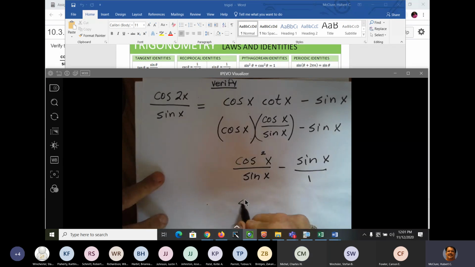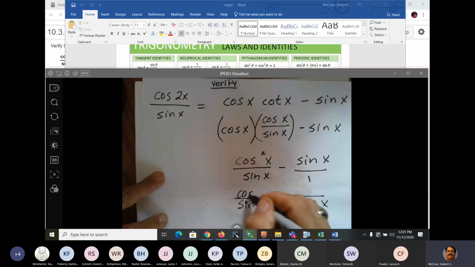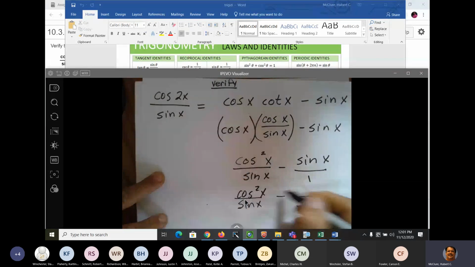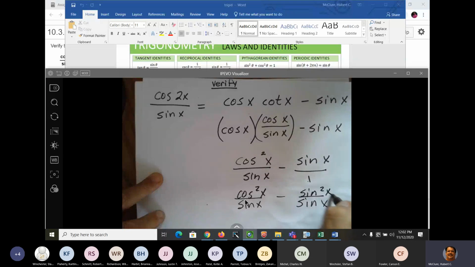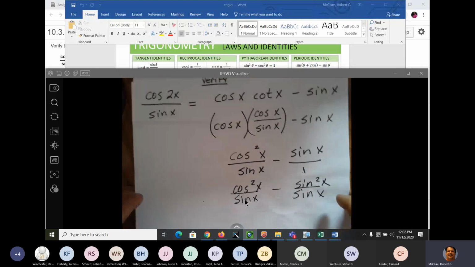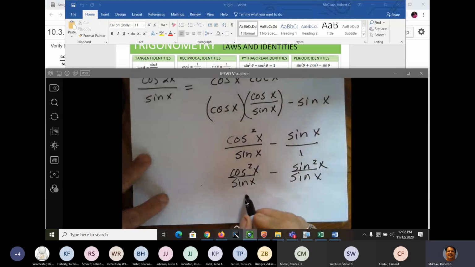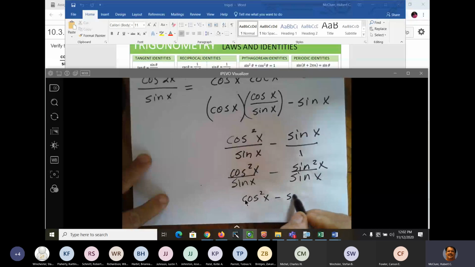So I'm going to put sine x right here, and that's cosine squared. And this comes out 1 times sine, and sine times sine is sine squared. So now we have cosine squared x minus sine squared x over sine of x.